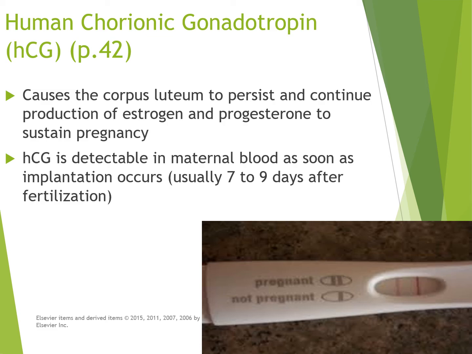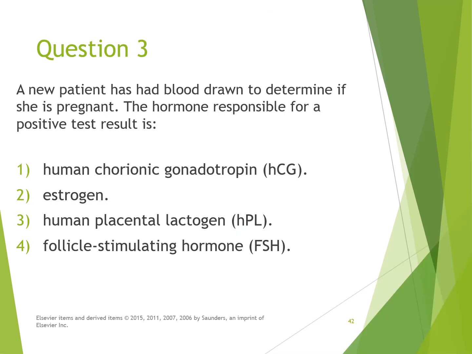HCG is detectable in maternal blood as soon as implantation occurs, usually 7 to 9 days after fertilization. I just showed a little pregnancy test showing the positive HCG. And HCG quadruples, it just goes up astronomically as pregnancy continues in the first few months.